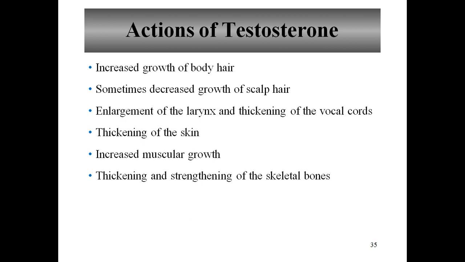That is also a very important action of testosterone. Secondary sex characteristics include increased growth of body hair, enlargement of the larynx, voice change, thickening of vocal cords, thickening of the skin, increased muscular growth, broadening of shoulders, narrowing of the waist, and thickening and strengthening of the bones.